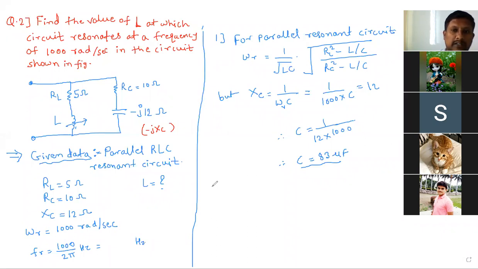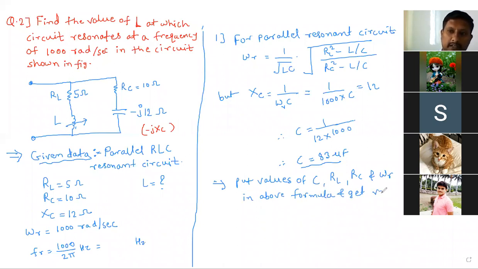I will write here: put values of C, RL, RC and omega R in the above formula and get the value of L. So this is also accepted. By one method we can find out.